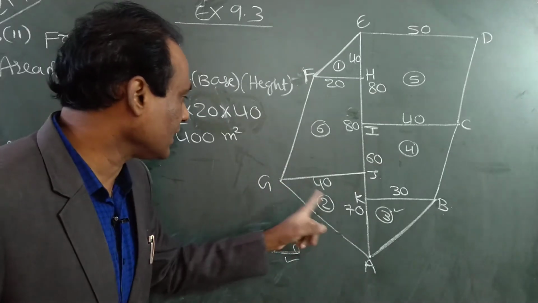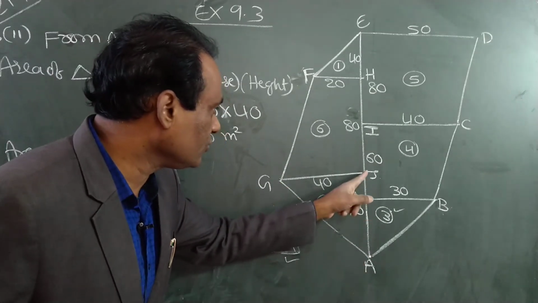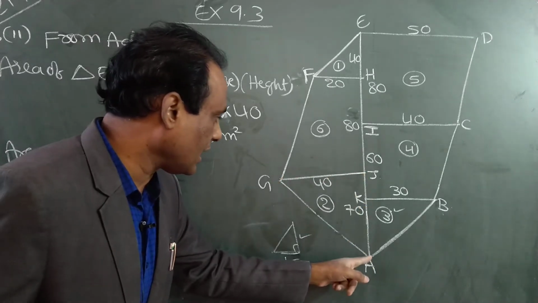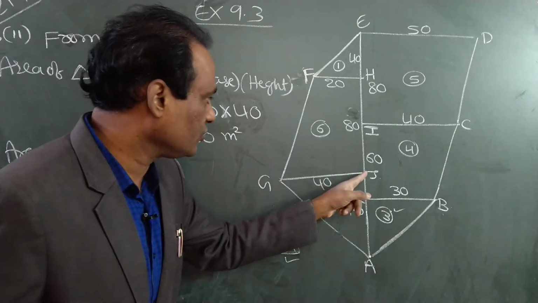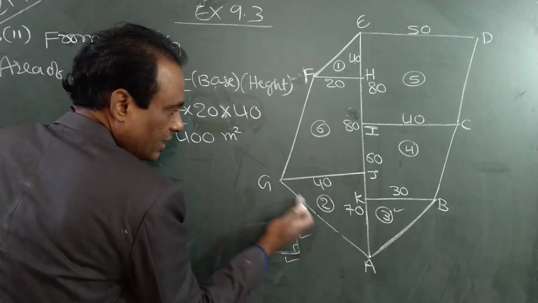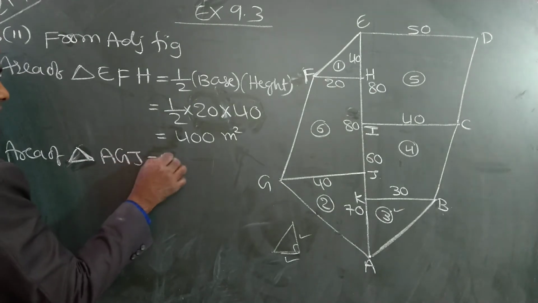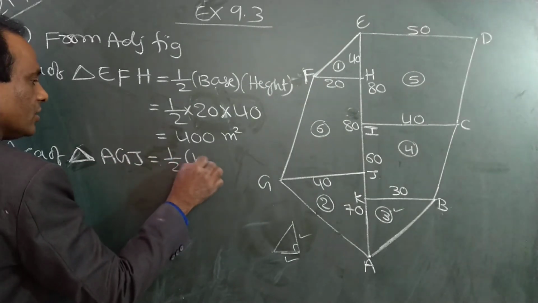So, what is the second triangle? A, J, G or A, G, J. A, G, J triangle. Half base into height.